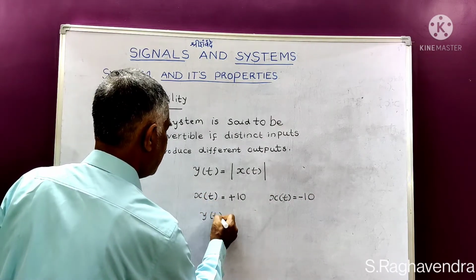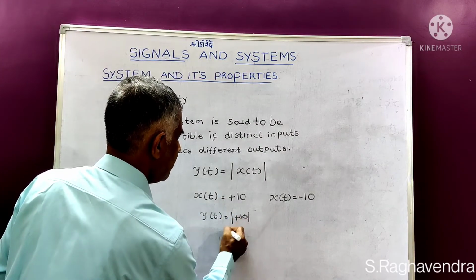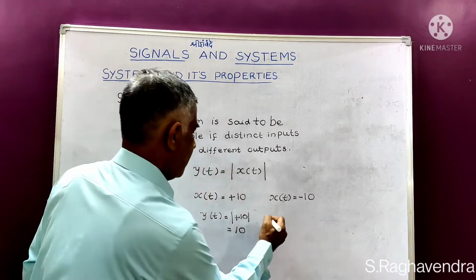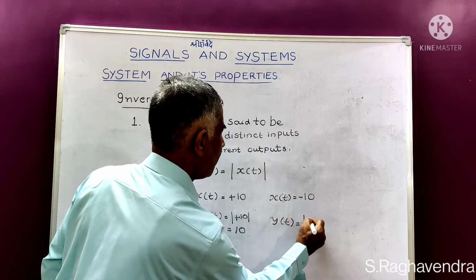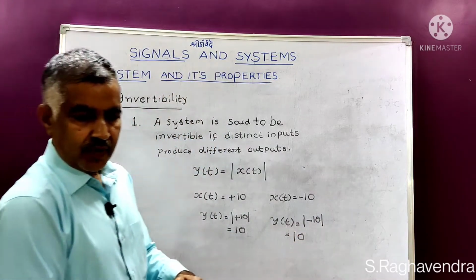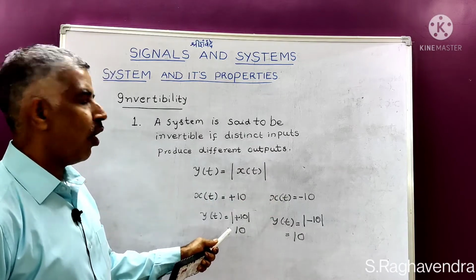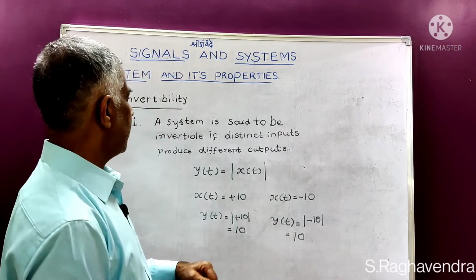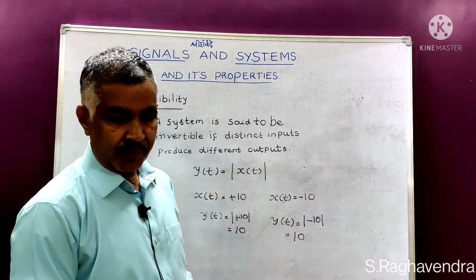In the first case, y of t is equal to mod of 10, which is 10, and in the second case, y of t is equal to mod of minus 10, which is also 10. No doubt the inputs are distinct, but the output remains the same. Hence the system cannot be invertible. It is said to be non-invertible.